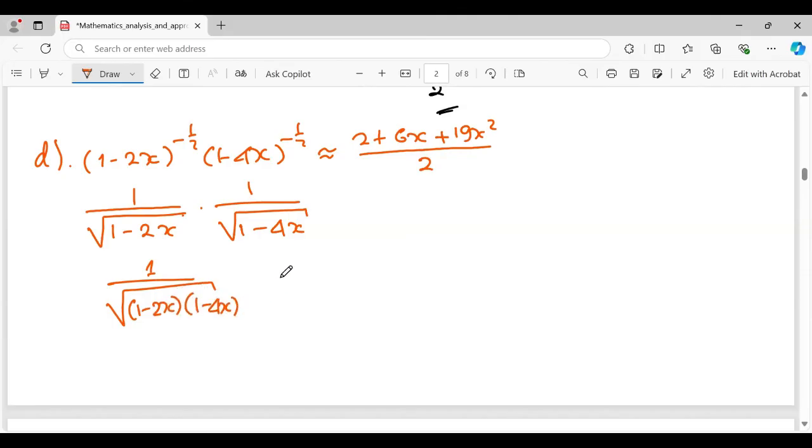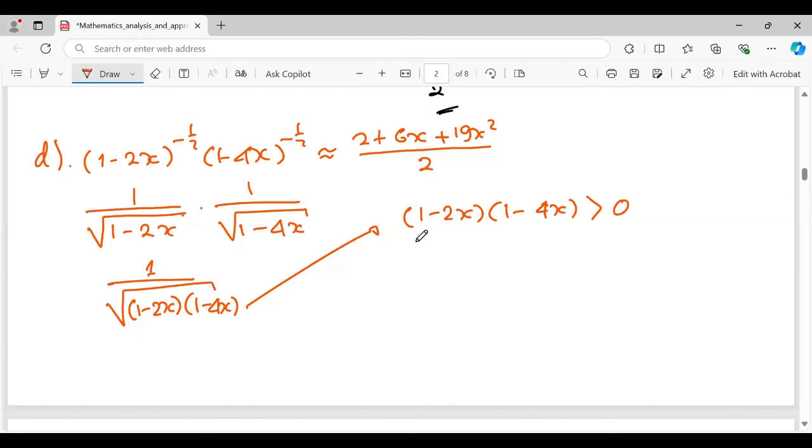So if convergent, it means the denominator should be greater than 0. So 1 minus 2x, 1 minus 4x should be greater than 0. If less than 0, it will not be convergent. It becomes the square root of a negative, an imaginary number, so not convergent.